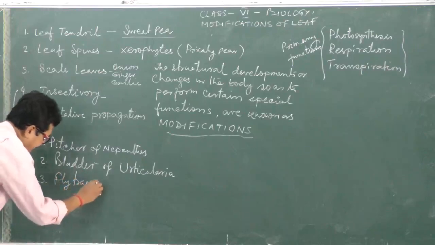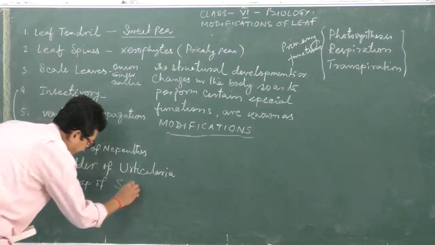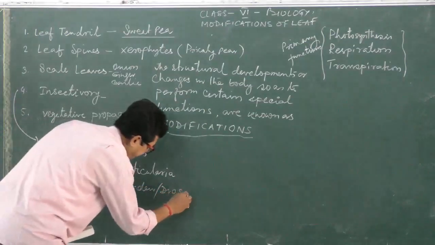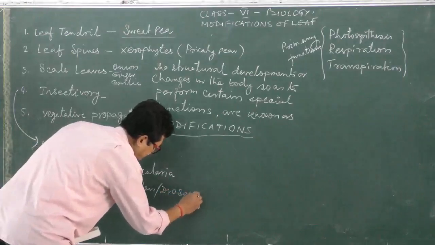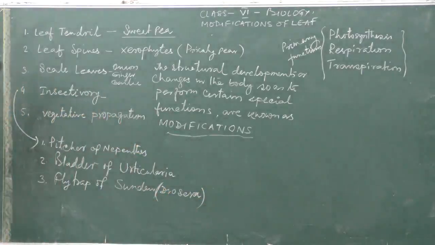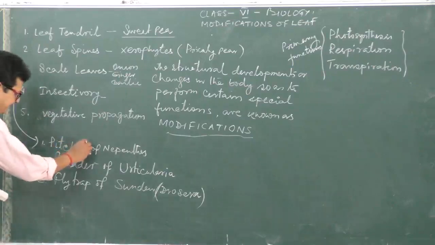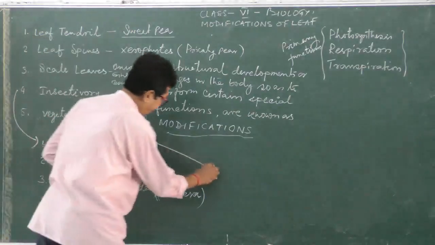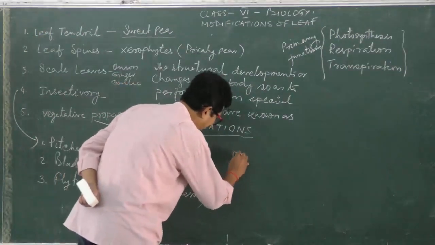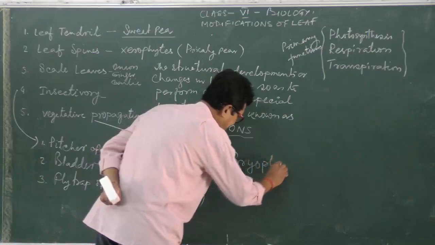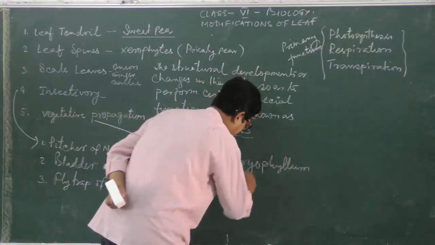Fly trap of sundew or Drosera. These are the three common insectivorous plants we get: Nepenthes, Utricularia, and Drosera. And vegetative propagation we see in Bryophyllum and Begonia.